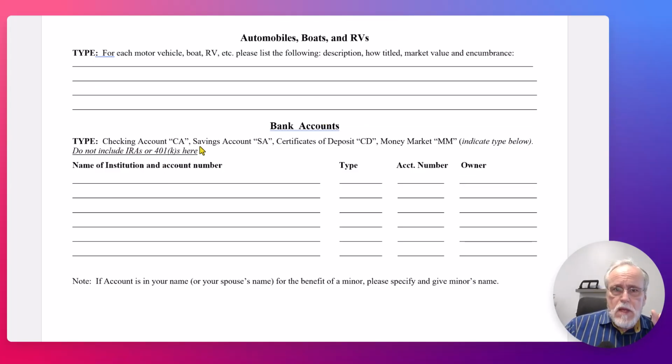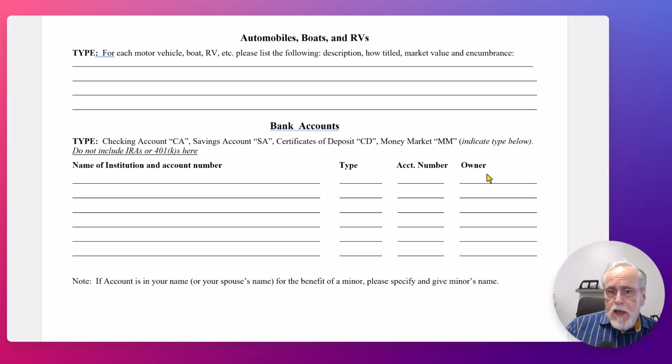Bank accounts. Hey, what kind of account is it? It's a checking account, it's a savings account, it's a CD, it's a money market. You're going to list it. Type of account, account number, and who owns it. That helps us with issues of community and separate property. Community and separate property may be important to you. Now, Texas is a community property state, but if you bring separate property to the trust, it stays separate property. So your trust doesn't change that.